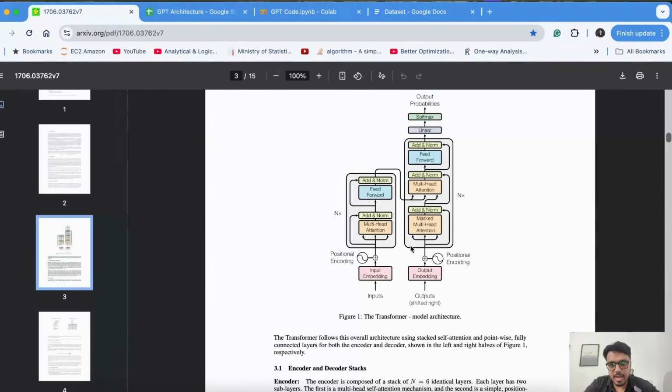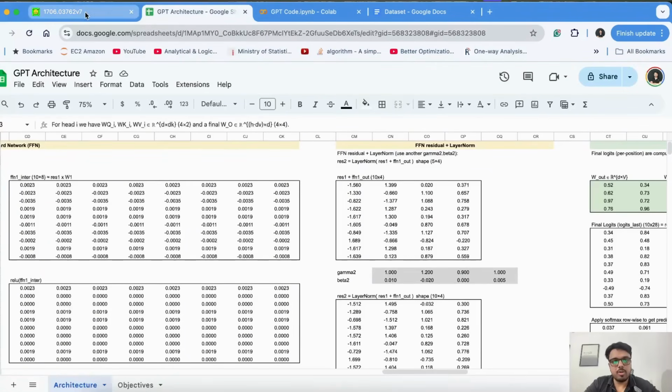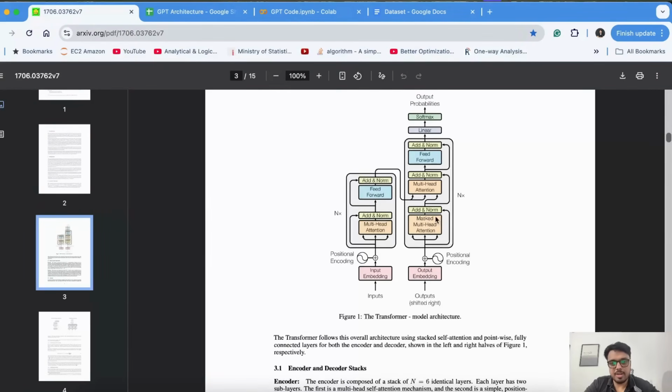This is what we have just represented here, with only one multi-head attention and one feed forward layer, one add and norm after multi-head attention, and one residual and layer normalization after feed forward.